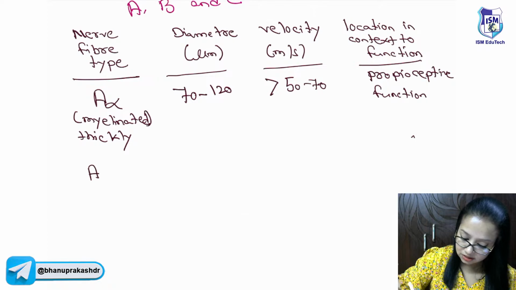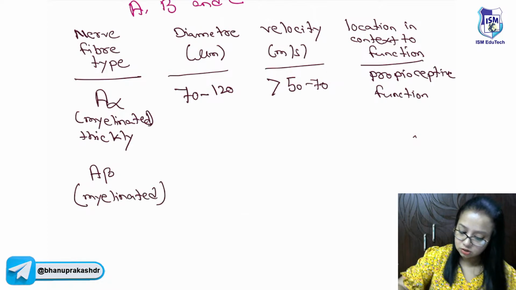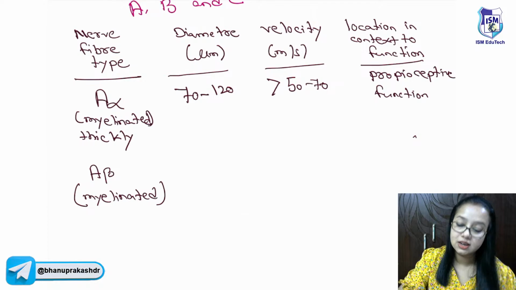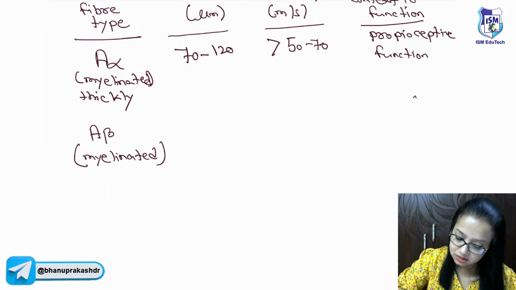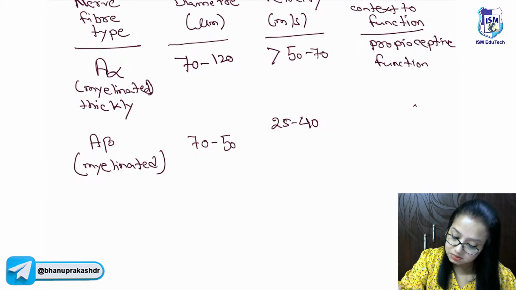Second we have the A beta. This is also myelinated. It is very well myelinated but a little less thick compared to the A alpha nerve fiber. The speed is somewhere between 70 to 50, and the diameter is about 25 to 40, like 25 to 40 meters per second.